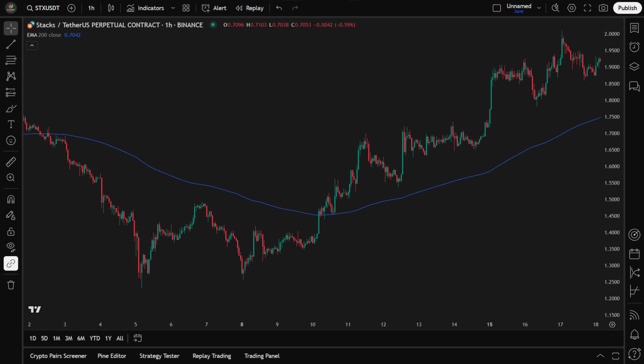It's a widely followed level by traders to identify long-term trends. If the price is above the 200 EMA, we'll consider only long trades, following the upward trend. If the price is below the 200 EMA, we'll consider only short trades, aligning with the downward trend. This helps us avoid trading against the market and reduces false signals from the Chaikin Money Flow.